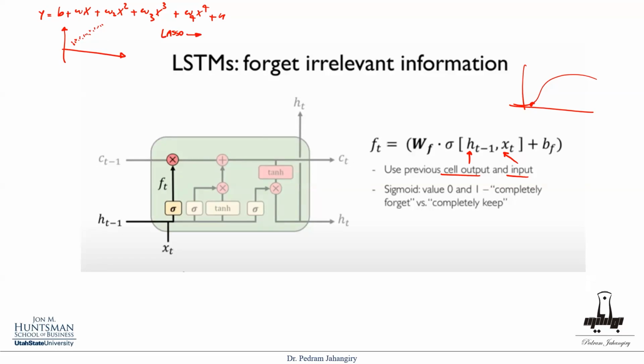Lasso is going to say W2 equals W3 equals W4 equals 0. How did lasso do that? It looks at the loss function, looks at the errors, minimizes the mean-squared errors, whatever, and automatically decided to set these W's as zeros. Do you see what's going on?